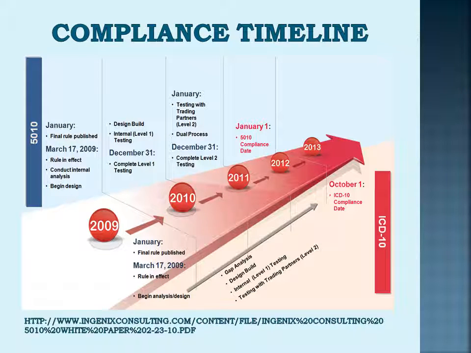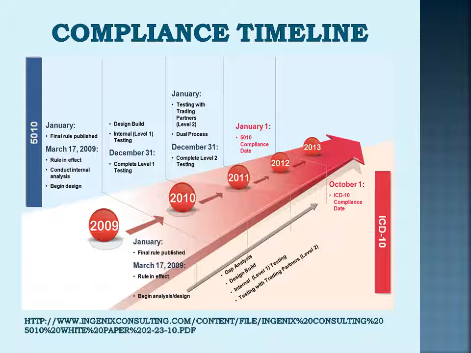The compliance timeline was a long one. As you can see, the final rule was published in January 2009, and in March they began the design for the implementation. 2010-2011 saw a lot of testing that occurred, and then the final ruling was put into place.